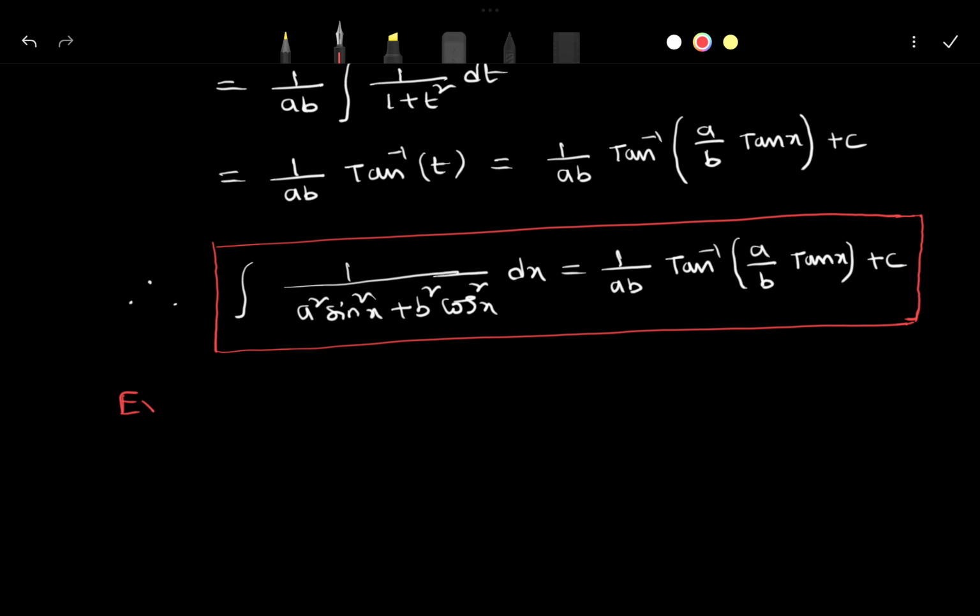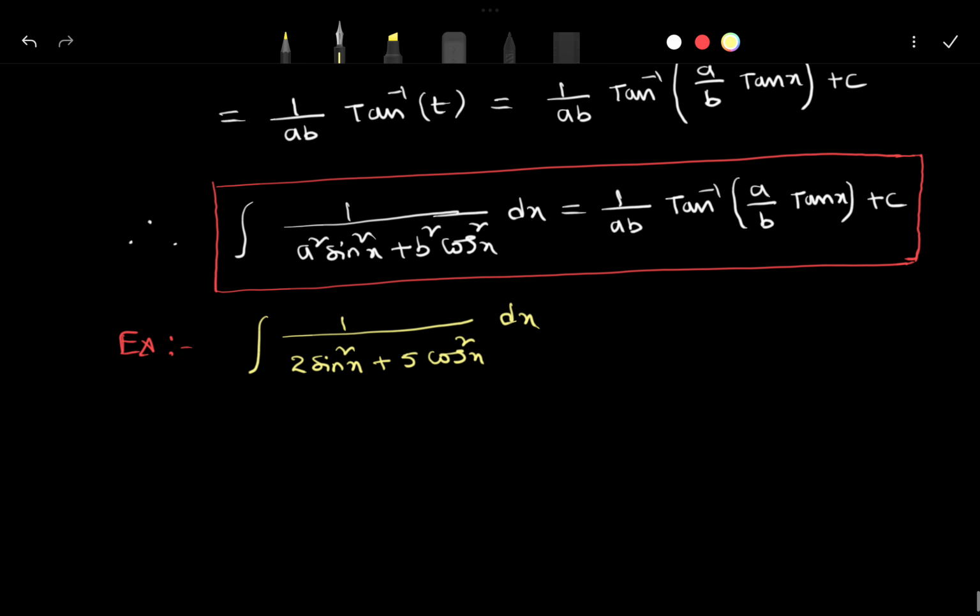Here is one example. Integration of 1 whole divided by 2 into sine square x plus 5 into cos square x into dx. What is the integration of this value?